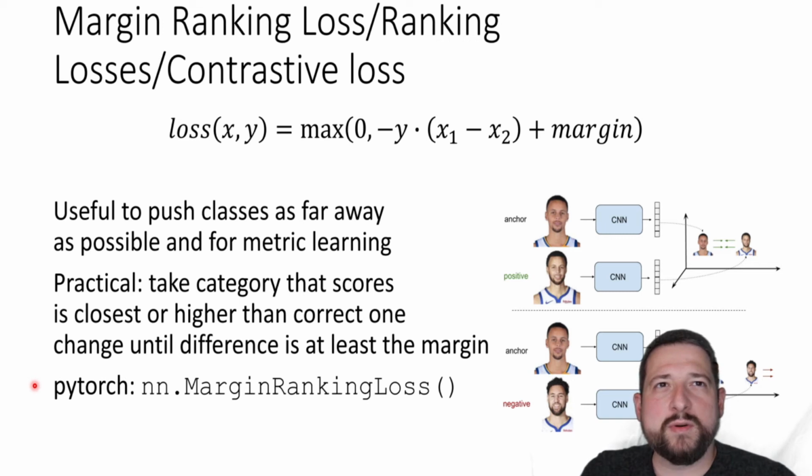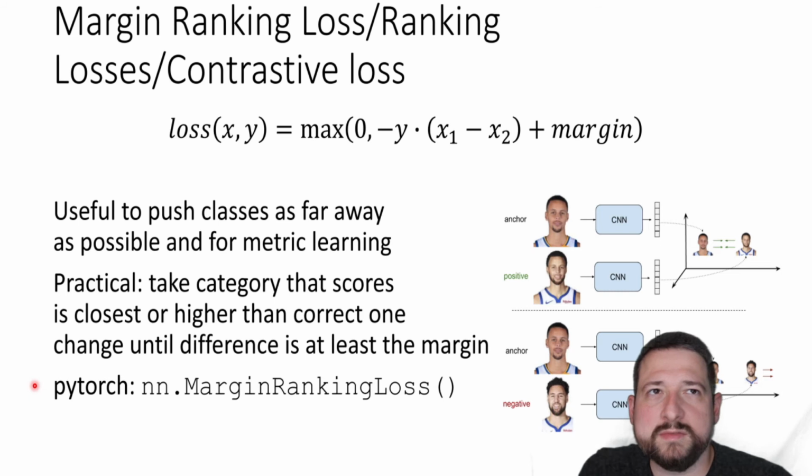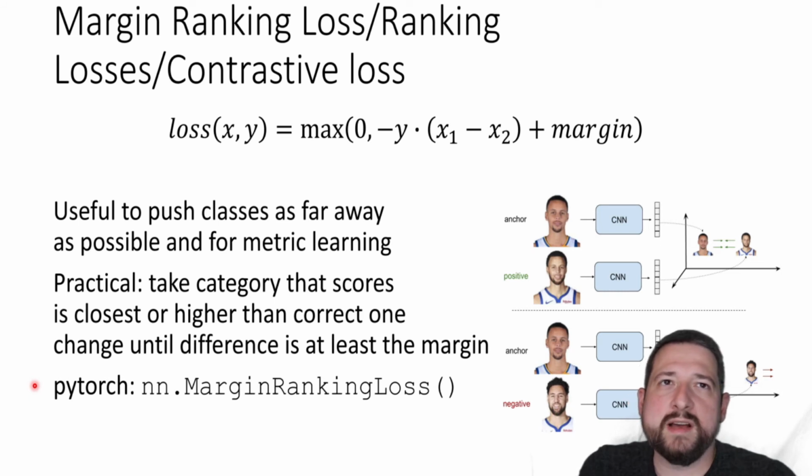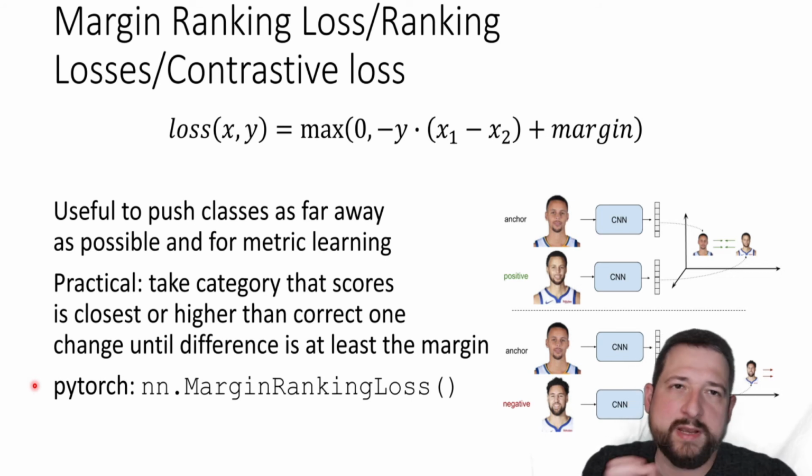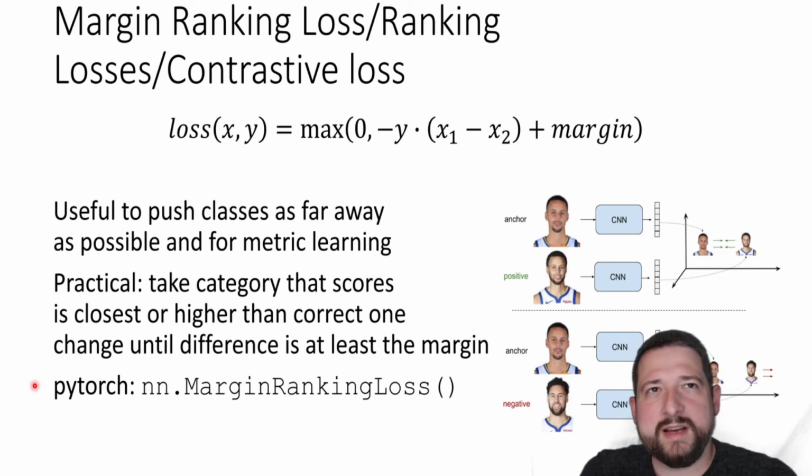If you were to use this for classification, you would have, for example, x1, the score of the correct answer, and x2, the score of the highest scoring incorrect answer. You would pick the highest scoring incorrect answer and the score of the current sample and build the difference here, and you want to make sure that this is larger than a certain given margin, a certain distance.